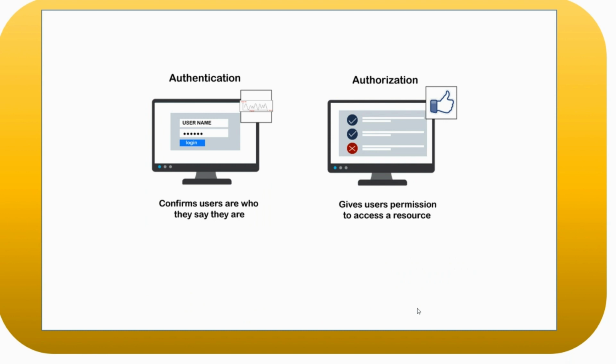Suppose our application contains 100 screens. Everyone is not able to access those 100 screens. Some of the screens will be accessible only by the admins, some only by the developers, and some only by the testers. This type of grouping and giving access once the login is done, we call authorization.